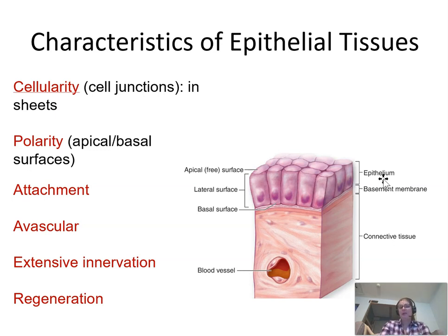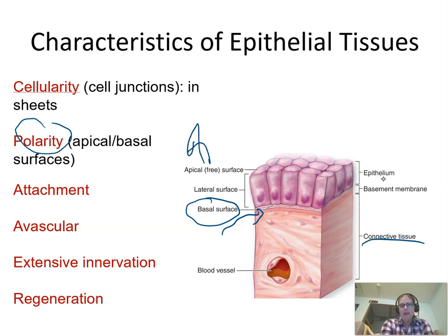Now, they have a top and a bottom. That's polarity. So there's an apical and a basal. So think B for bottom. The basal surface is the bottom. It's always next to connective tissue. The apical surface is always the exposed surface. So when you're looking at this on a microscope or in a picture, the apical surface is always going to face the white space, because the white space is going to be the opening, right?